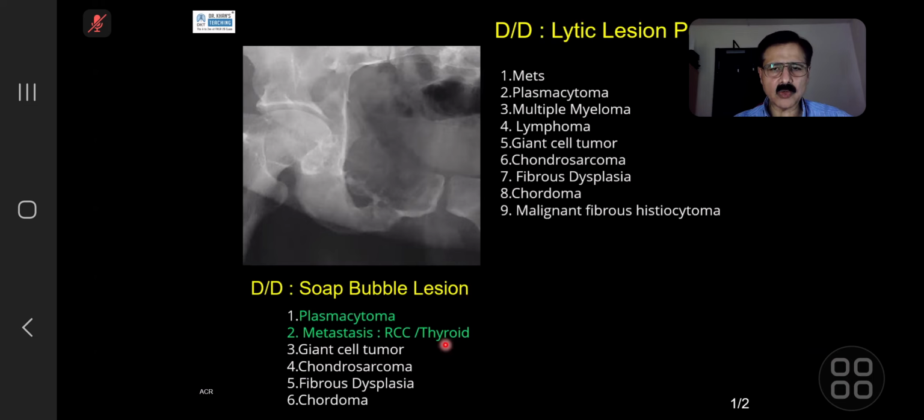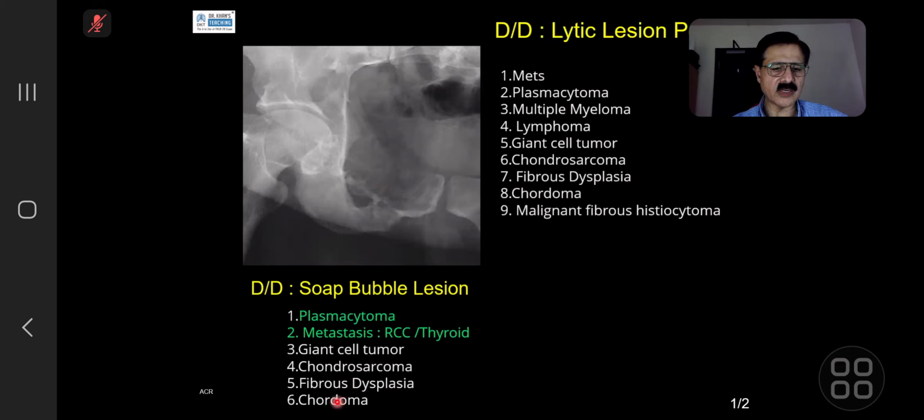Even they can give you a long case where there is an ultrasound of the thyroid with a soap bubble lesion. Or ultrasound of the kidney and a soap bubble lesion. Then these differentials should be in your mind: giant cell tumor, chondrosarcoma, fibrous dysplasia. Look at this, fibrous dysplasia can also give you a soap bubble appearance. It's a benign thing.